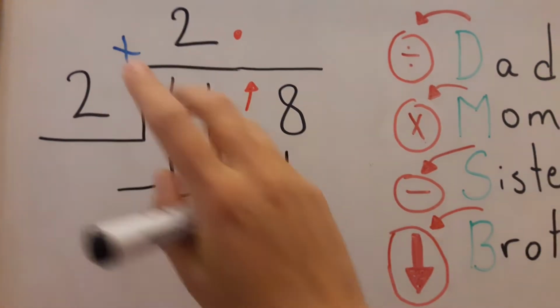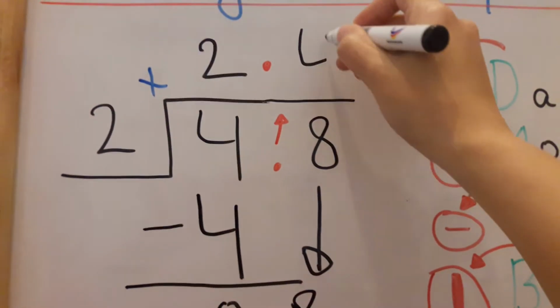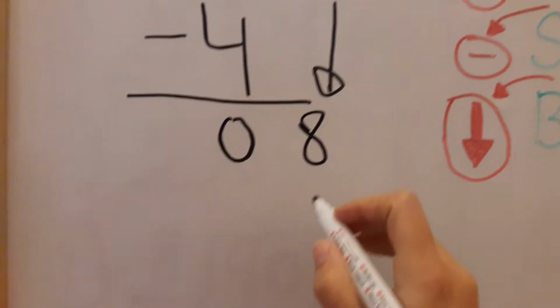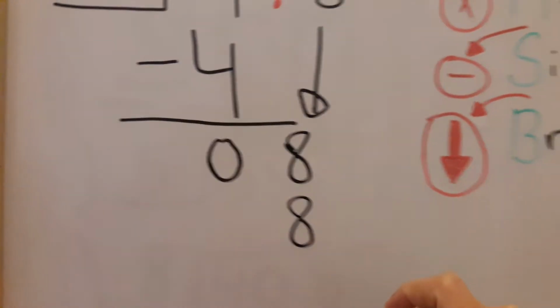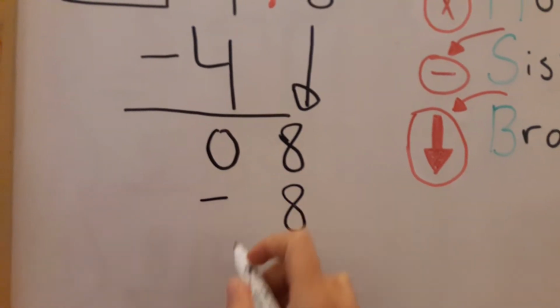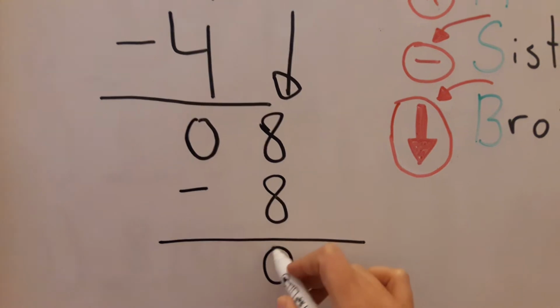Now, 2 times what gives me 8? 2 times 4. 4 times 2, it's 8. Then what do we do? Then we're going to subtract. And 8 minus 8 is going to be a 0.